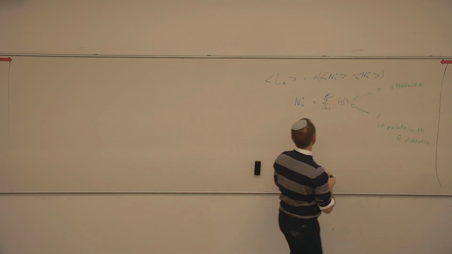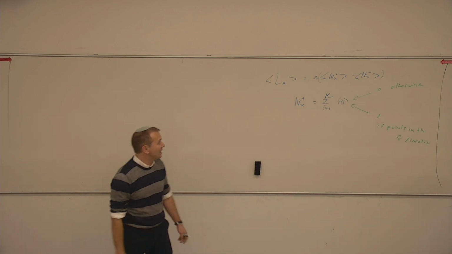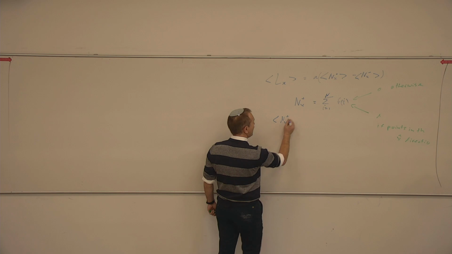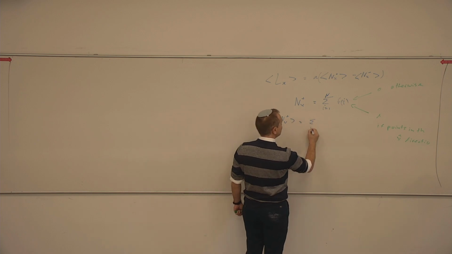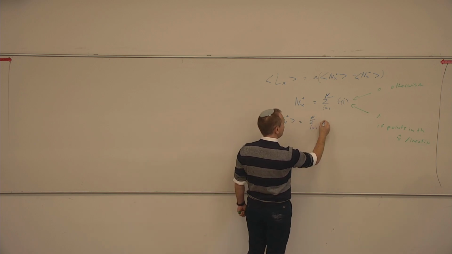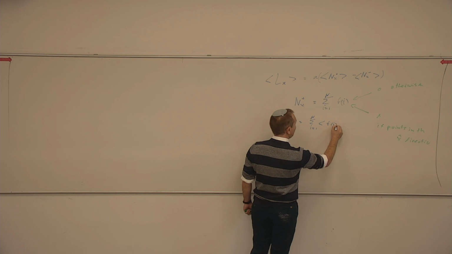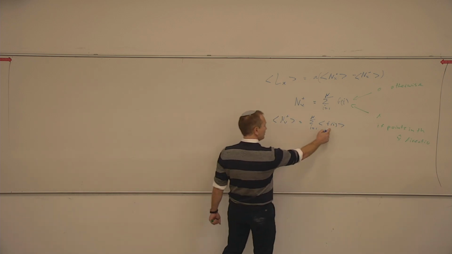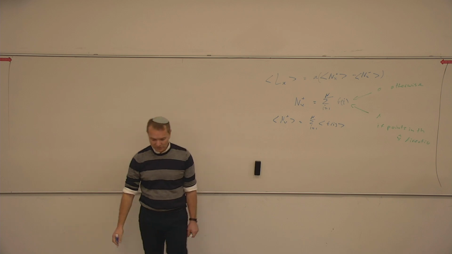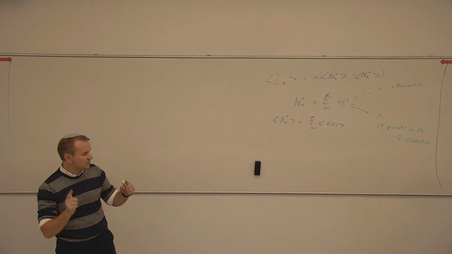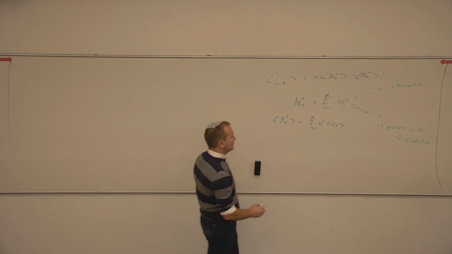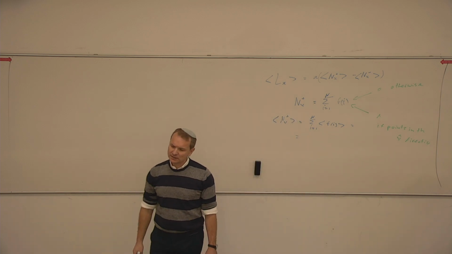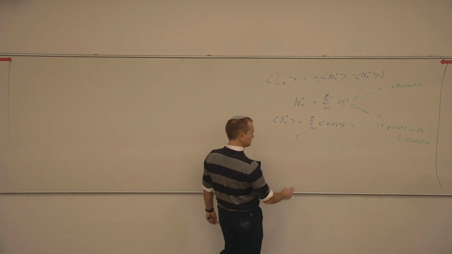Now, the average of a sum equals the sum of the averages, so Nx plus average equals the sum over i from 1 to n of the average of f i. And this average is easy to compute because you're looking at one particle at a time. They're all completely independent and statistically identical.